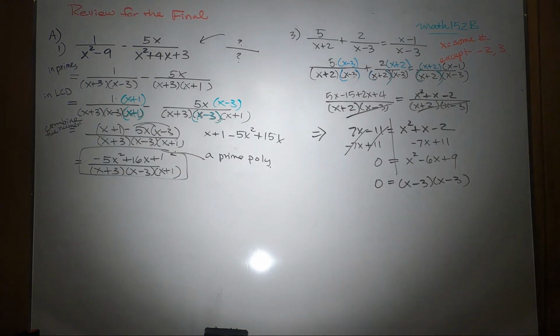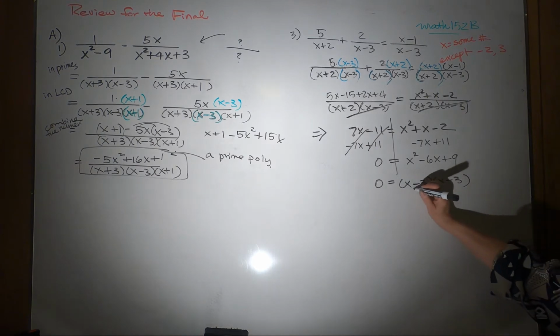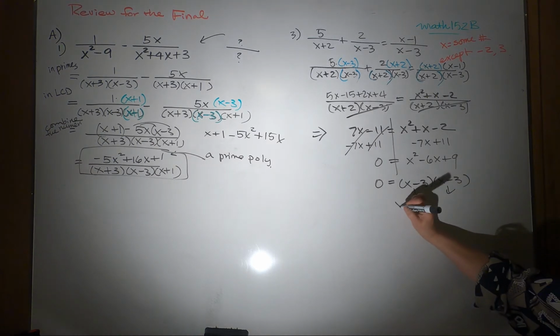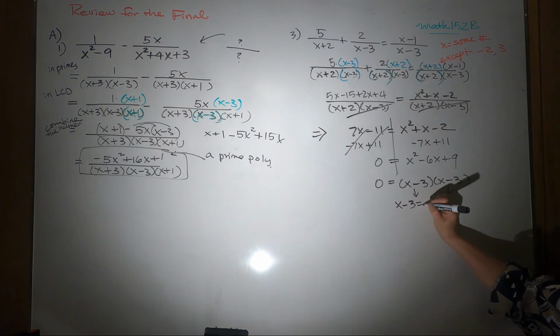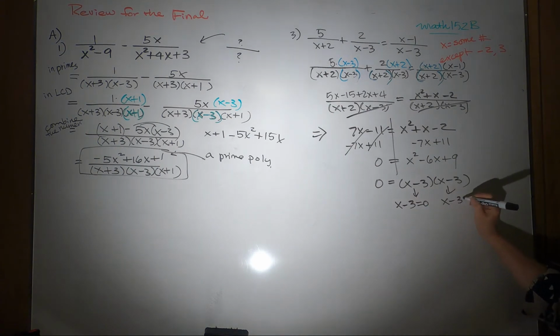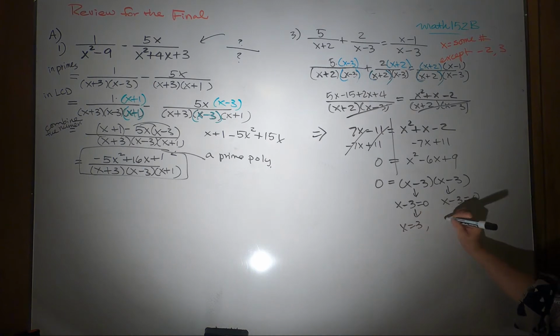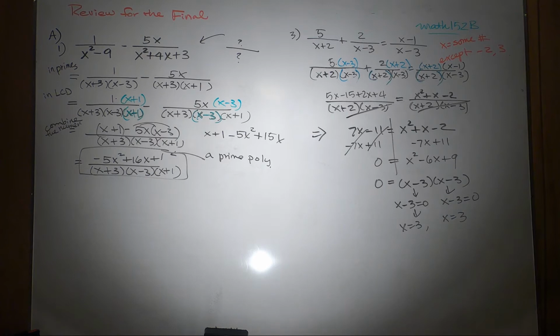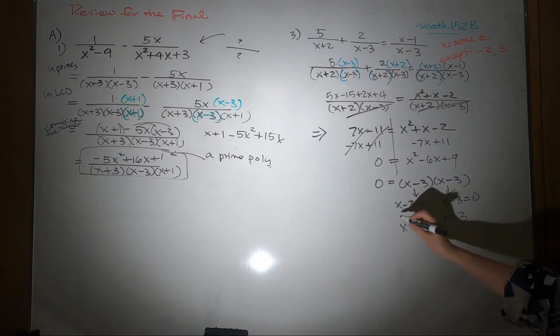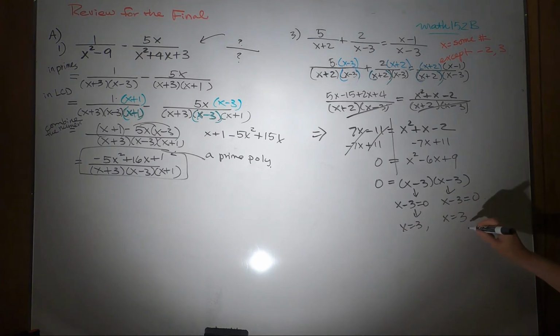Equals 0. Then if it equals 0, that means each one has to be 0, right? So by the zero product property, so your x is what? 3, both are 3. Now we need to check, can we circle the answers?